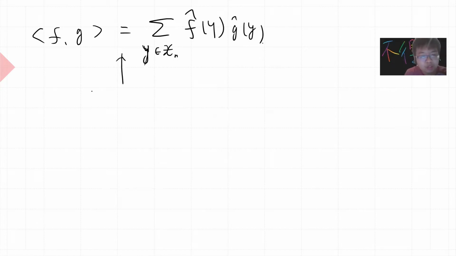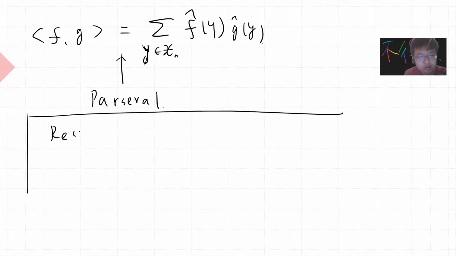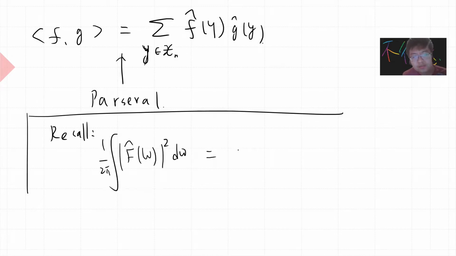This is the Parseval theorem. It is the same as in the physics or engineering mathematics version: if you take the Fourier transform f hat, square it, and integrate over omega divided by 2 pi, it should be the same as integrating the original function.